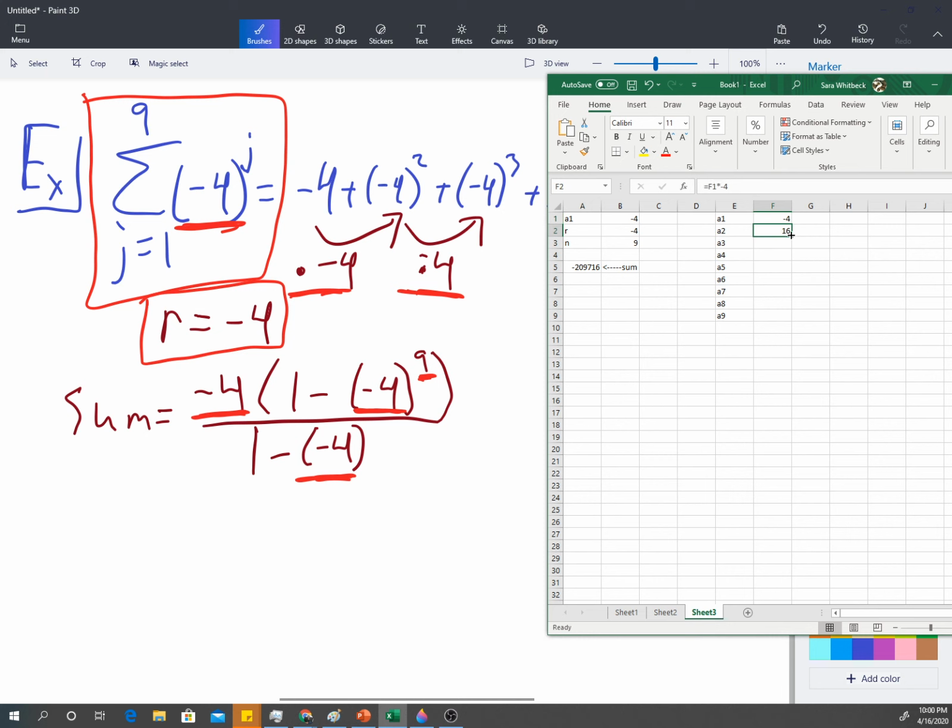And then once I have that pattern, take it and drag it down to the end. And then to find your sum, you say equals sum. And then just highlight all of your numbers inside parentheses, of course. And we can see we get the same thing both ways.